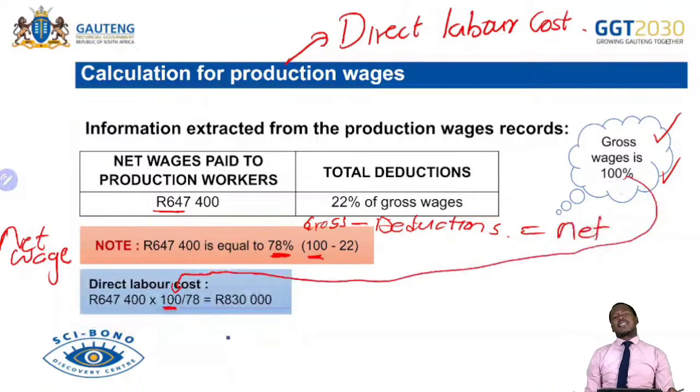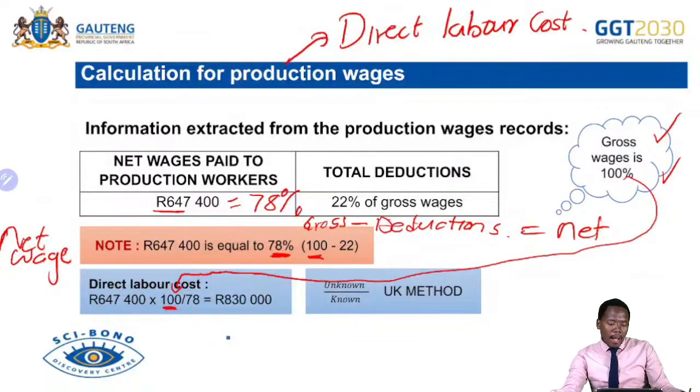Now, grade 12, someone may ask, why are we dividing by 78? Because, grade 12, we have said that the 647,400 is equal to 78%. Right, moving forward, grade 12, we're getting the 830. So my 830 becomes my gross wage. Now I'm using the UK method. I said unknown over known.